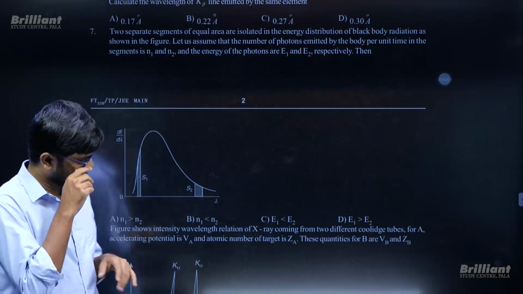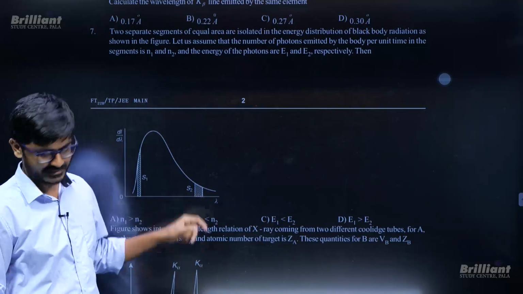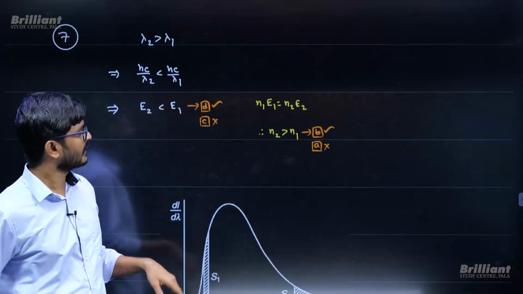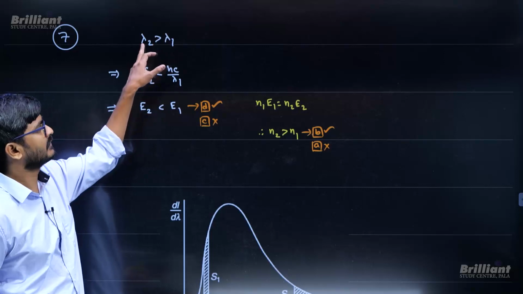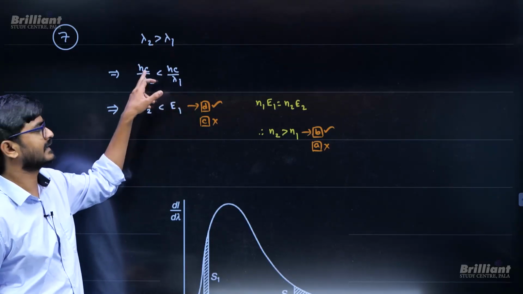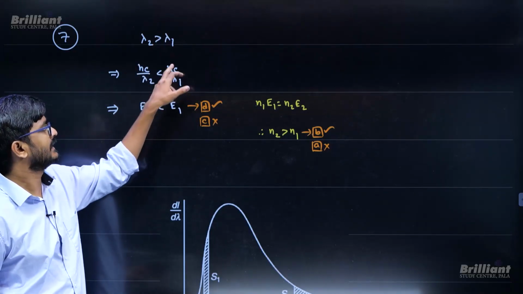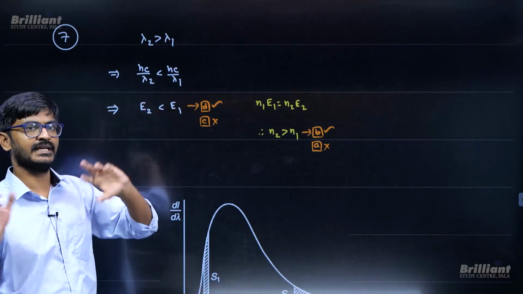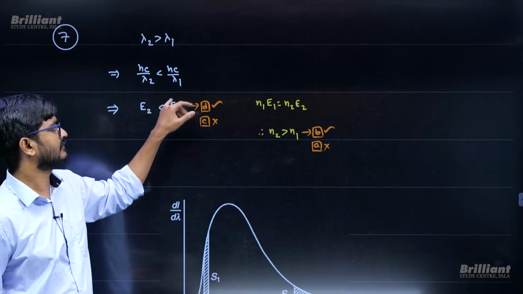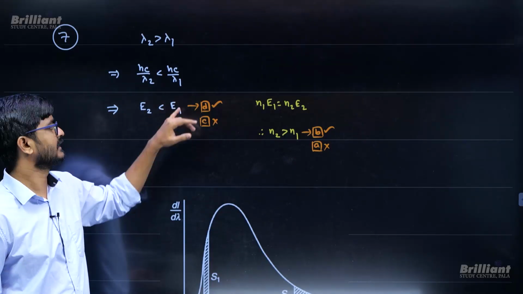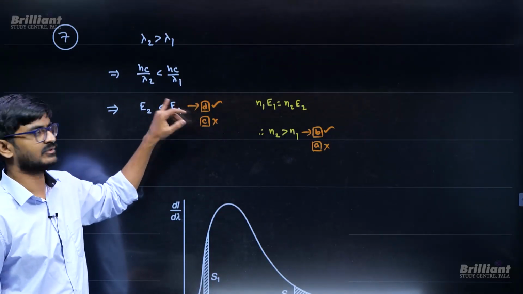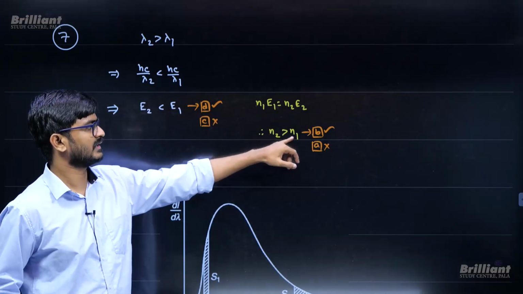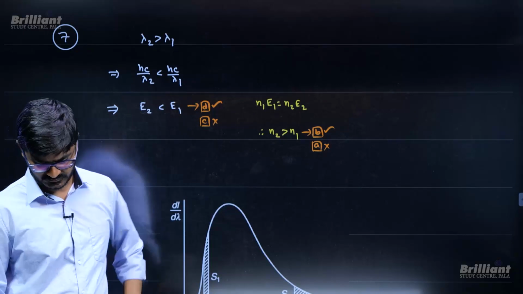You can see lambda 1 is less than lambda 2, so from there we will start. Lambda 1 is less than lambda 2, so hc by lambda 1 is greater than hc by lambda 2. That is, the energy of photon 1 is greater than the energy of photon 2. But we know the total energies are the same. So if the energy of the first photon is more, then we need a smaller number of photons to make the same energy. So more photons here, fewer photons here, right? So n1 will be less and n2 will be more.